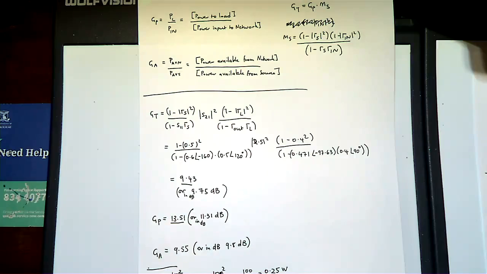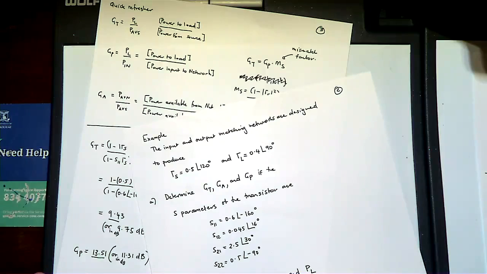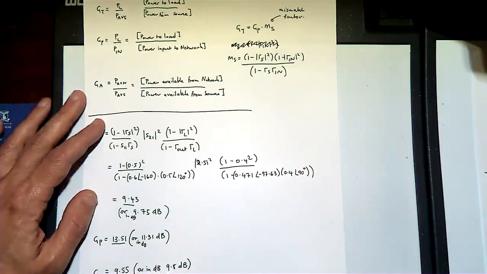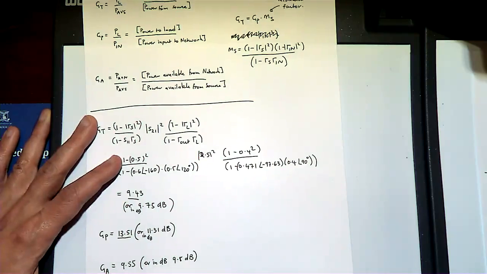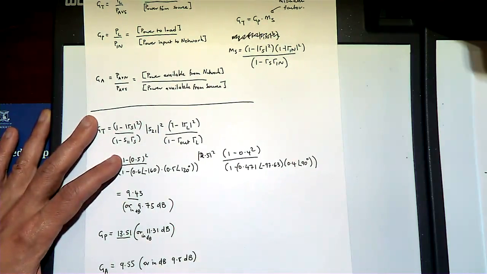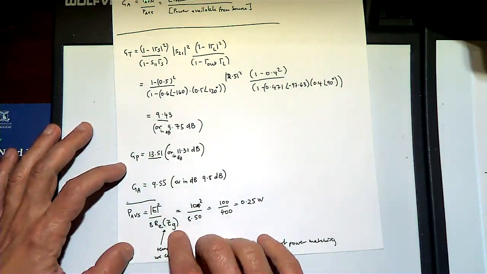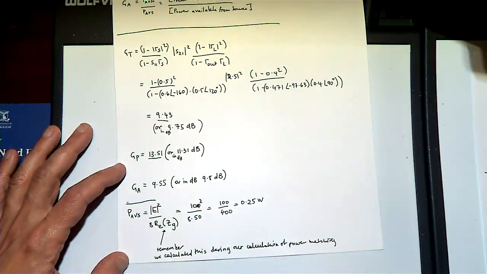Now, I want to work out PL, PAVN, PN, and PAVS, which is power available from the source. So we know that the power available from the source is just V squared on 8 times the impedance of the generator, right?